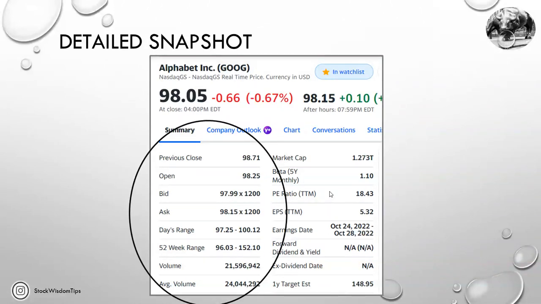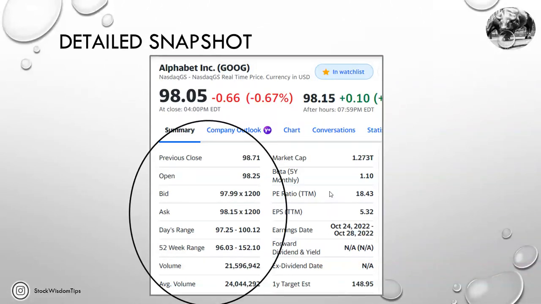The difference between these two is called the spread, and the higher the spread, the lower the liquidity of the stock. A trade will occur when someone or something, because there's bots and computers right now that do a lot of these transactions, is willing to sell the security at the bid price or buy it at the ask price.